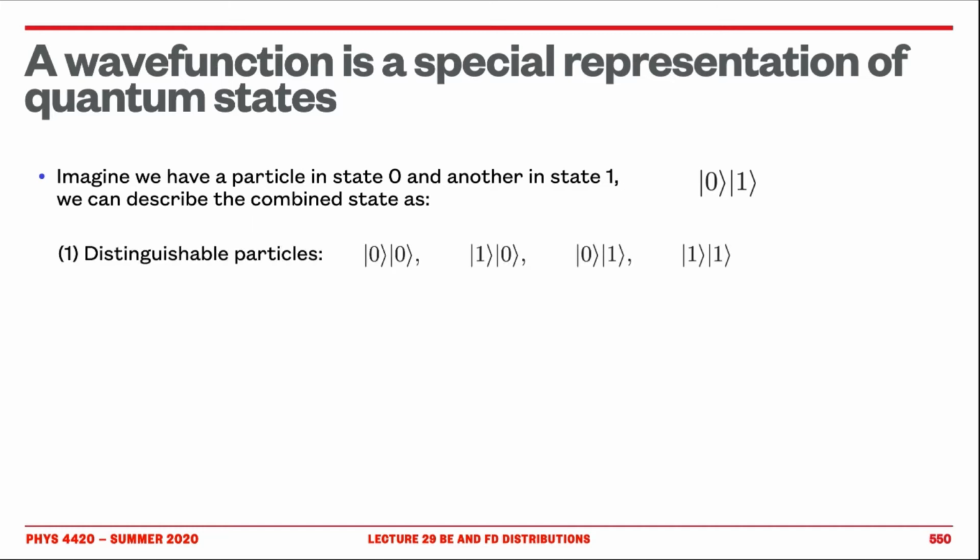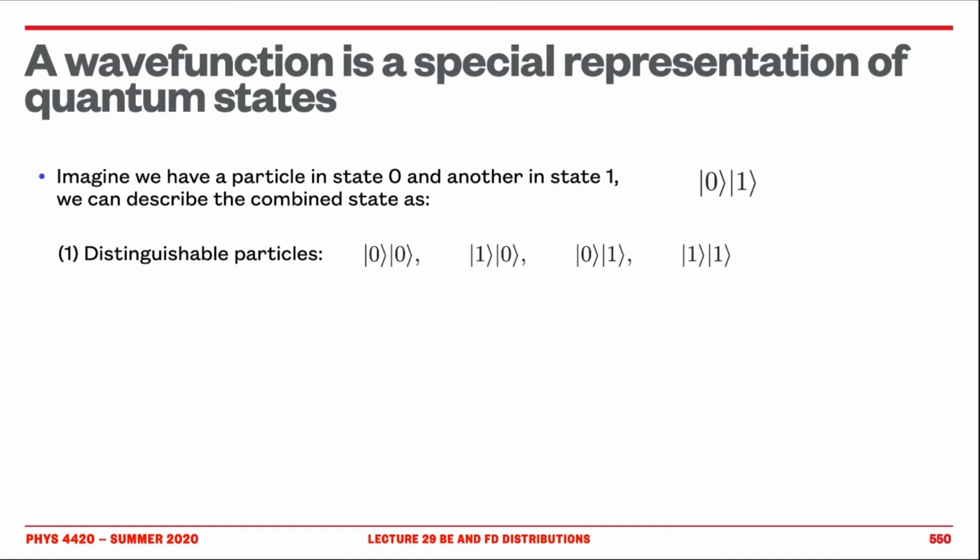So if we are purely classical, and that would be, for example, in a memory chip on a computer, if we have distinguishable particles, we have all those four possibilities. First particle in 0, second particle in 0; first particle in 1, second particle in 0; and so on and so forth.